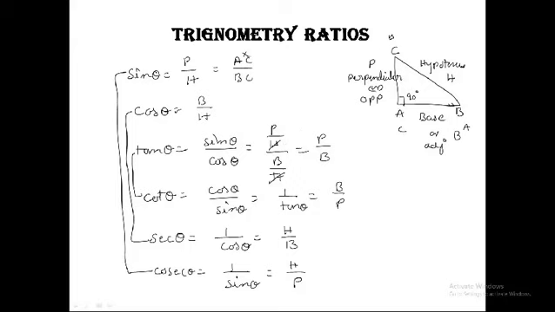So don't remember with the alphabets ABC. Remember with the sides: perpendicular side, base side, hypotenuse side. By seeing the triangle, you can identify what is base, what is perpendicular side, what is hypotenuse side. From that only you write the formulas.